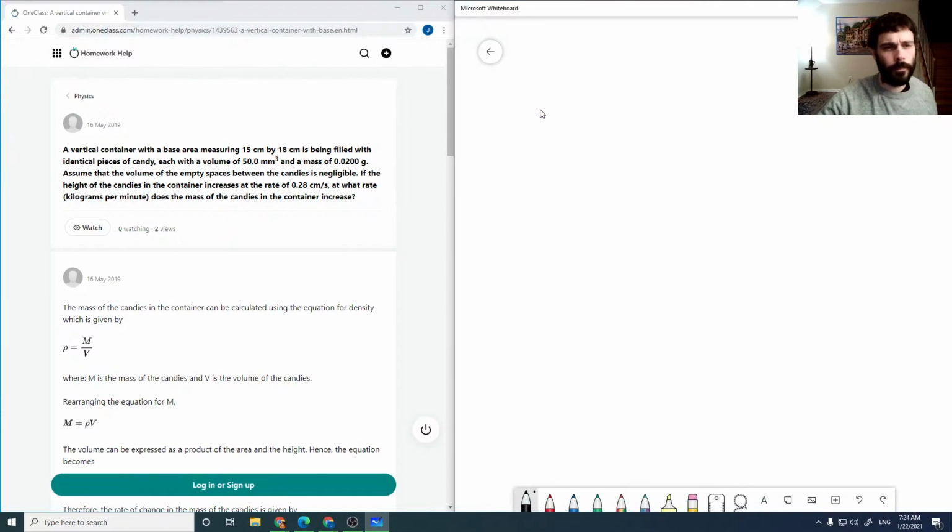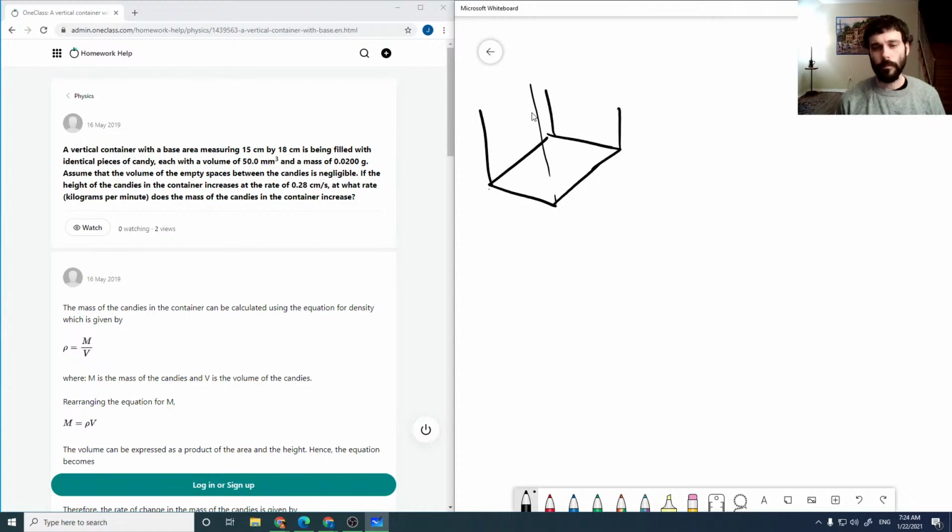Okay, so we have a vertical container with a base area, so it's a cube. Our base area is 15 centimeters by 18 centimeters, and we're filling it with identical pieces of candy.